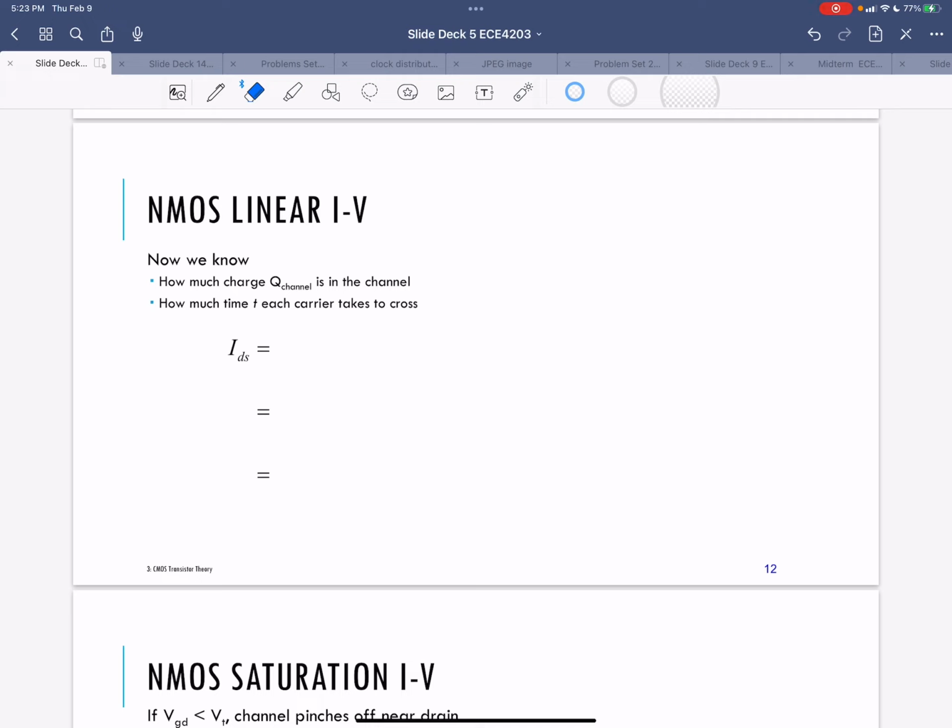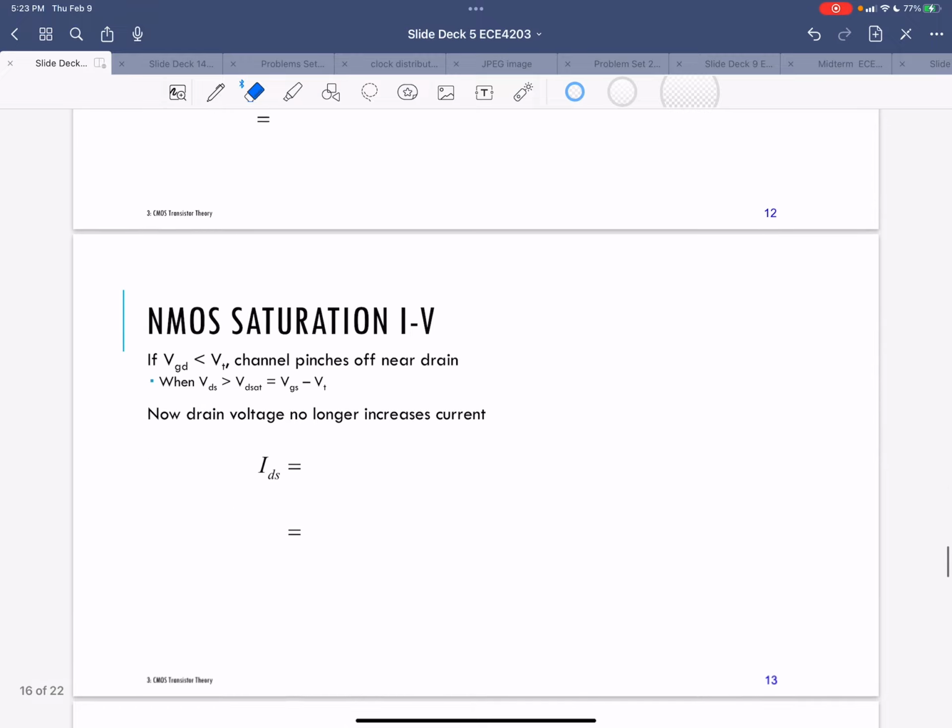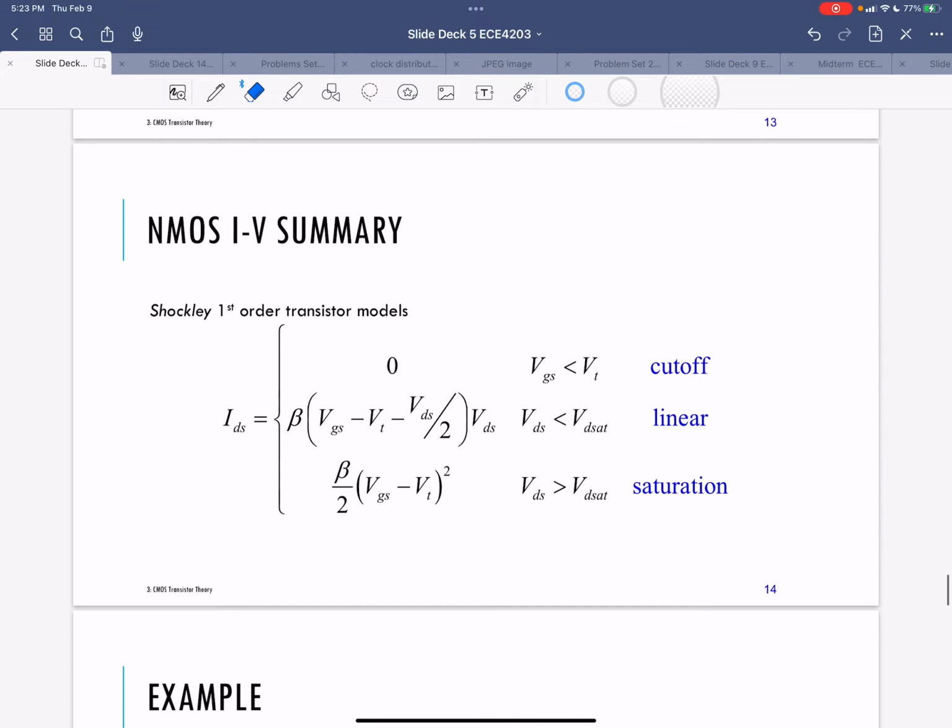This is a first order estimation, a first order model of what happens in a MOS transistor. But the bottom line ends up being this summary of these different regions.